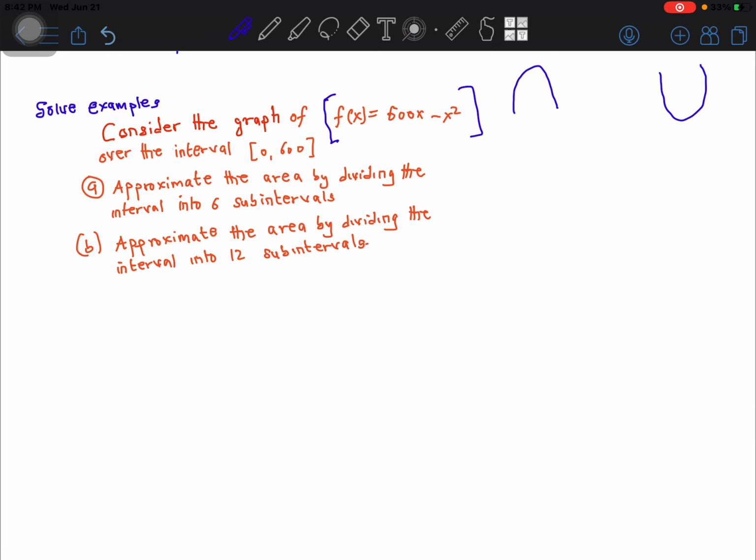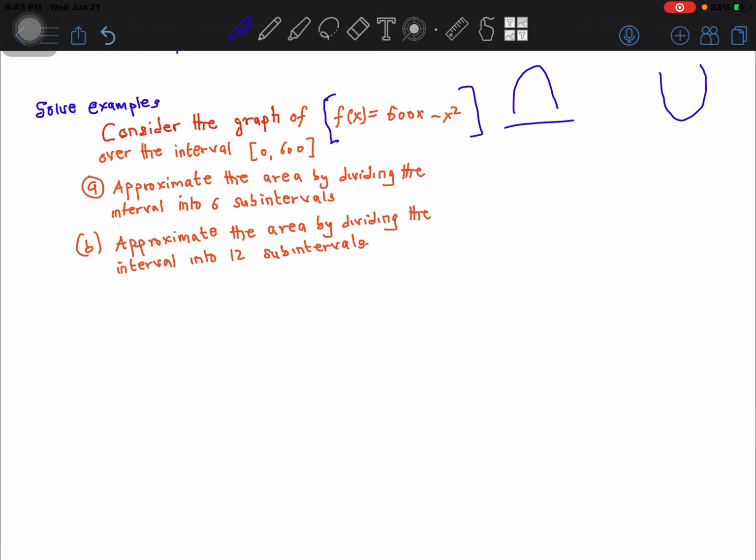This is because the coefficient of the highest power, x squared, is negative, and therefore it will have a maximum value. If it was plus, it would have been a minimum value and would look like this. But in this case, it's not plus. Therefore, it's a maximum function. That's what you need to take note of.